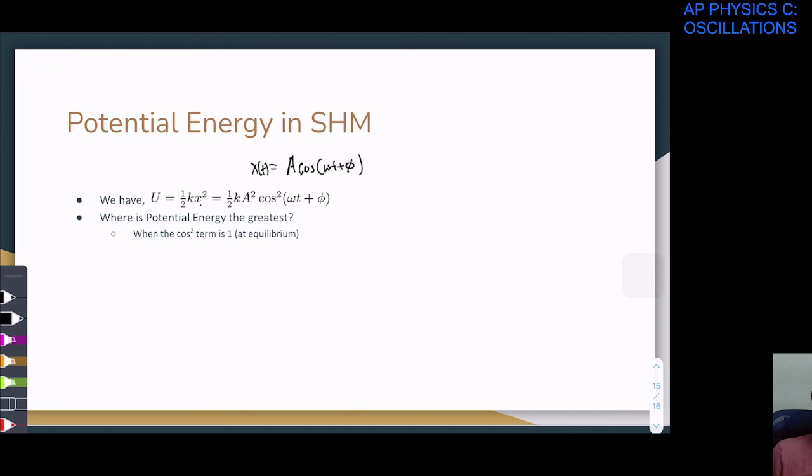And when is the potential energy the greatest? Of course, it's when the cosine squared term is equal to 1. So that's just when omega t plus phi is equal to 0 plus k pi, because cosine is equal to 1 over here and minus 1 over here. So at 0 and at pi. You just solve for t.